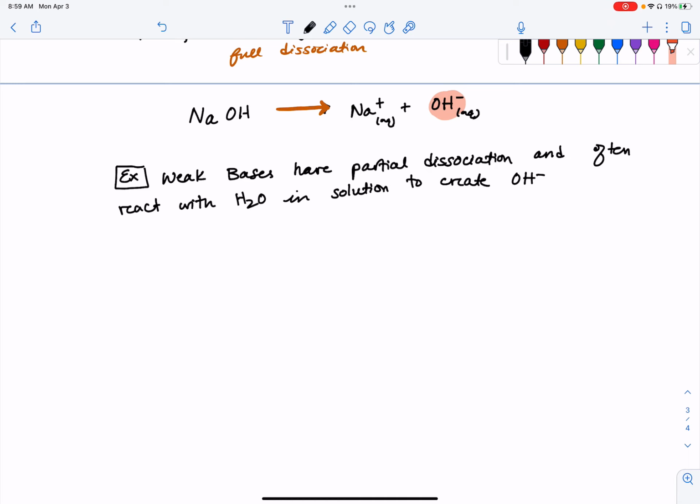The first, I think, let's maybe look at sodium bicarbonate. So we have NaHCO3 in the presence of water. So let's dissolve solid sodium bicarbonate into liquid water.